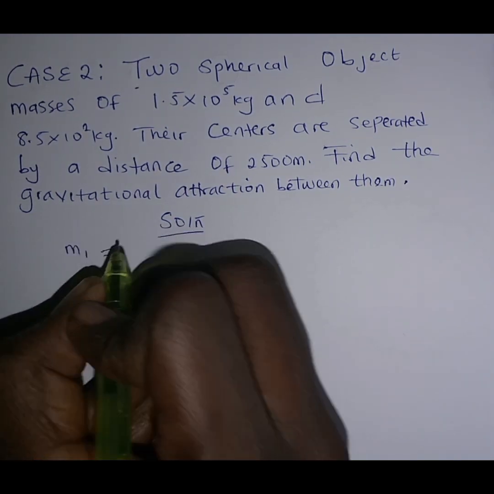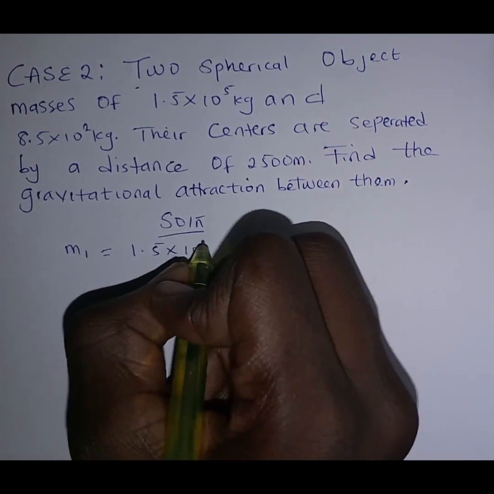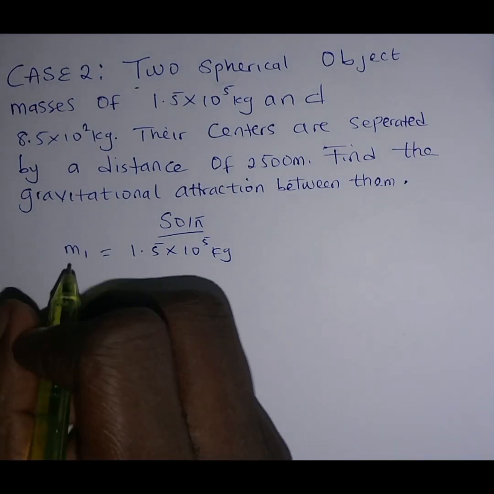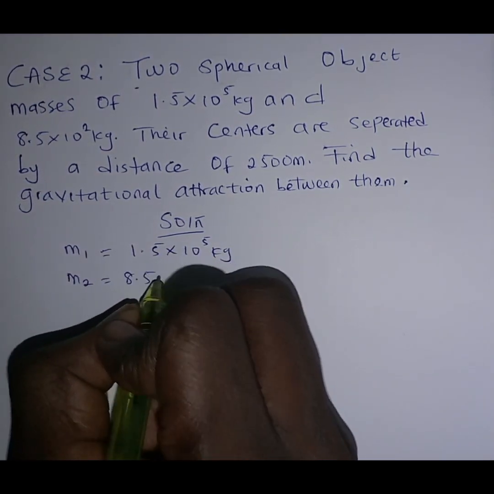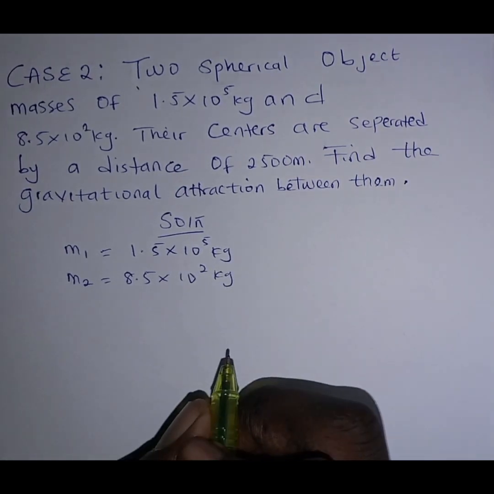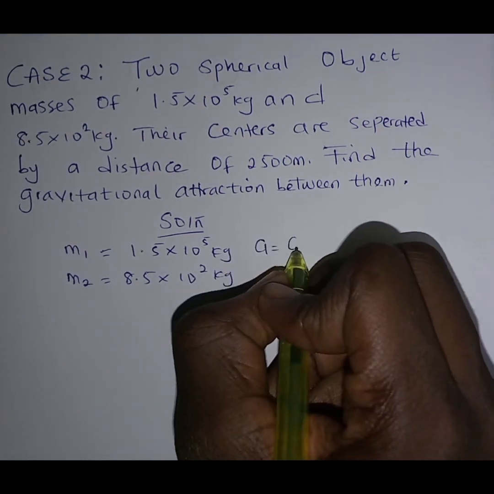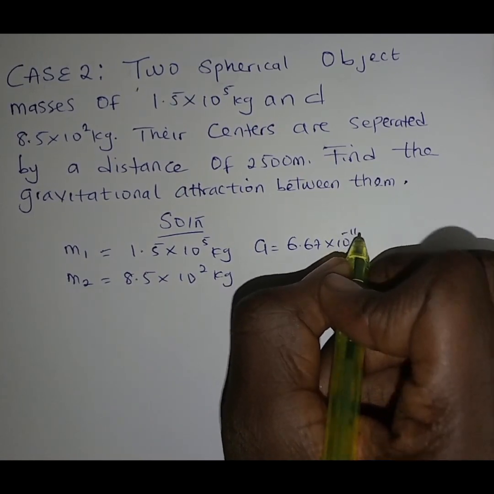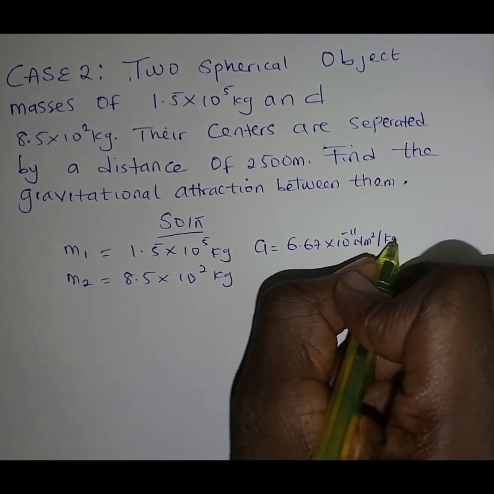The first mass is 1.5 times 10 raised to power 5 kg. The second mass is 8.5 times 10 raised to power 2 kg. And you know the gravitational constant is 6.67 times 10 raised to power minus 11 Newton meter square per kilogram square.